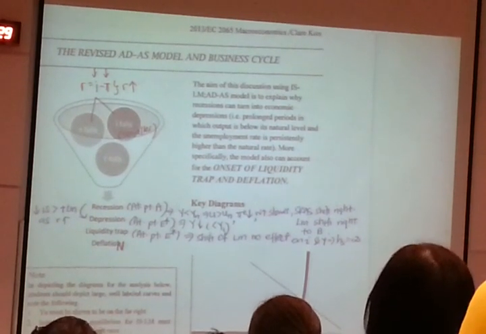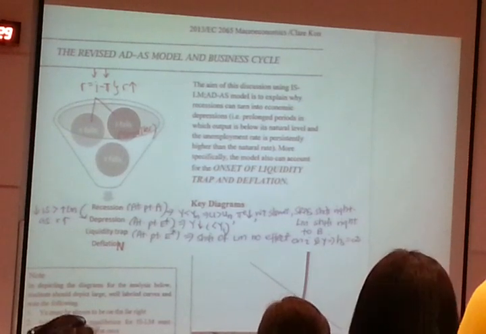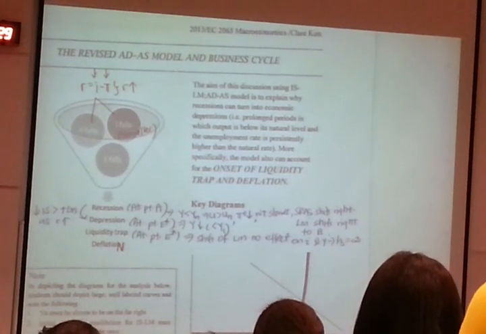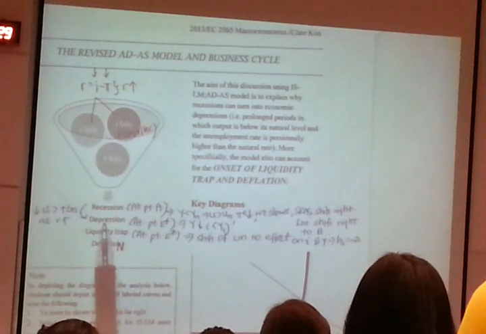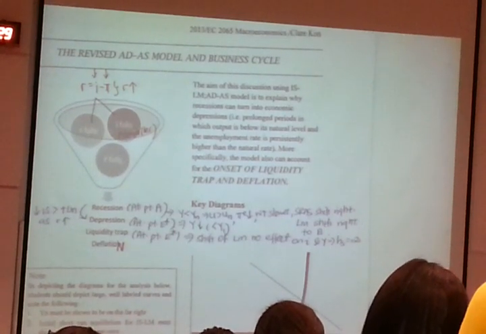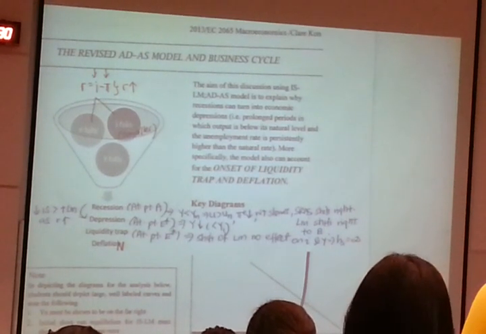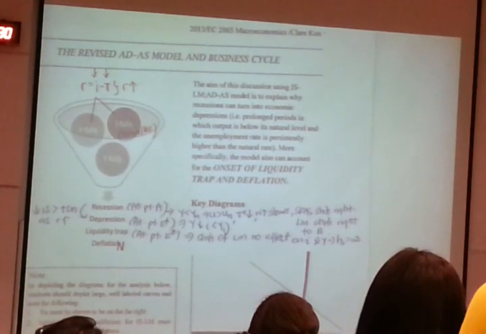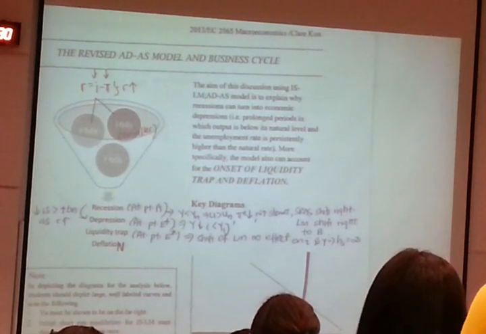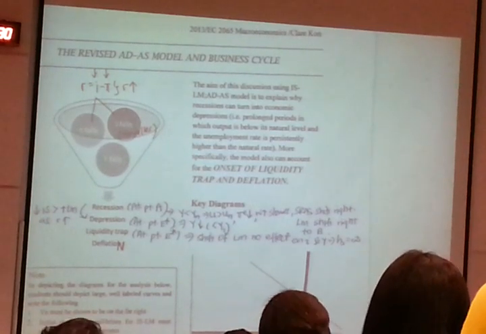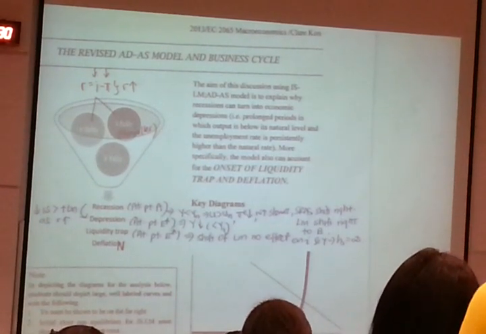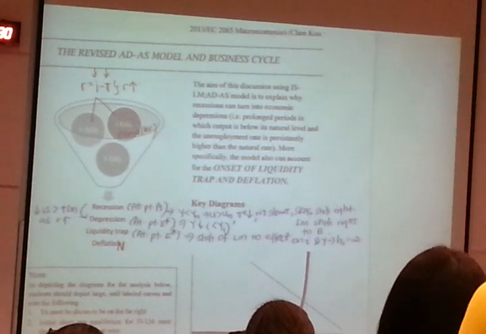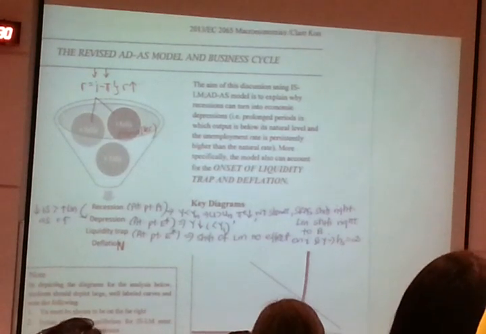This is not overnight. It takes even months and years to take place. So that's why the US in the depression is fearful of a liquidity trap. It's not like the next day there's a liquidity trap. It takes time. So you can see a liquidity trap is the doorstep of the quicksand.